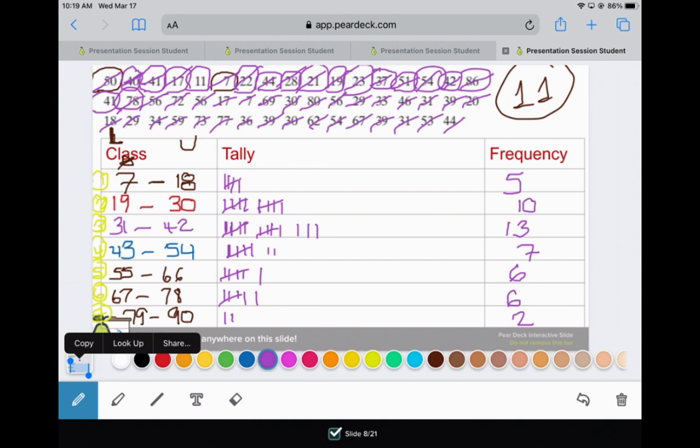Question for me for the frequency. No? Okay. How do we feel about this? I'm sorry, from 55 to 66? Yeah. No, I went up by 11, right? 55 plus 11 gives you 66, right?